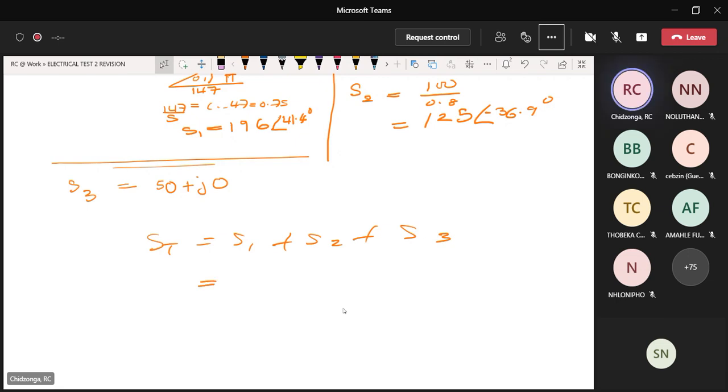So you simply add S1, we found it's 196, angle 41.4, and S2 we said 125, angle minus 36.9, and then the last one is 50, because it's real. You add this up, it is going to give you a number and an angle, right? That we can do very fast if somebody can help that side.